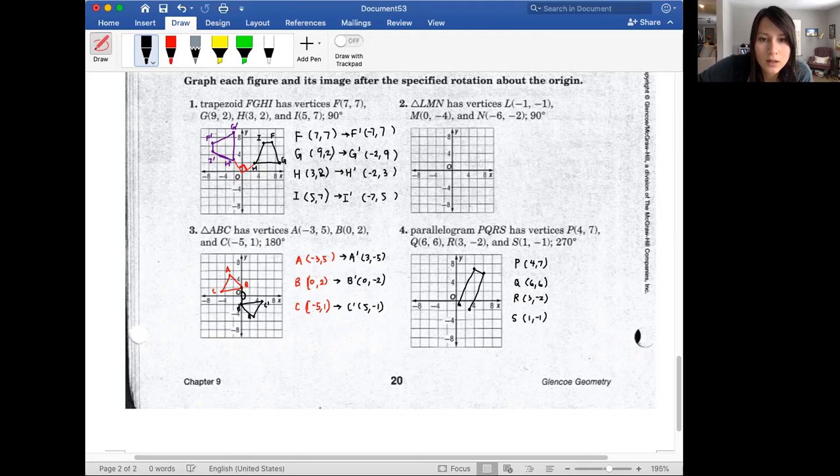Now it's going through a 270-degree rotation. So for 270, I flip-flop the x and y, and the x becomes negative.